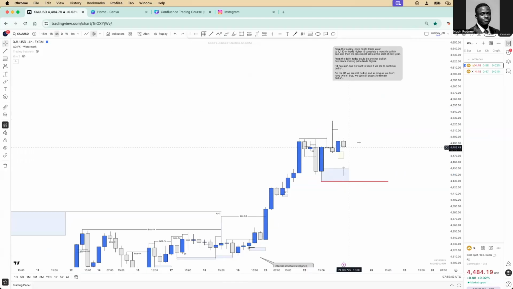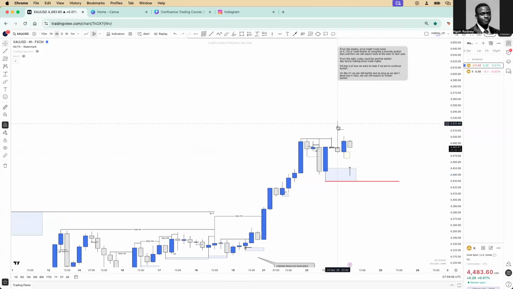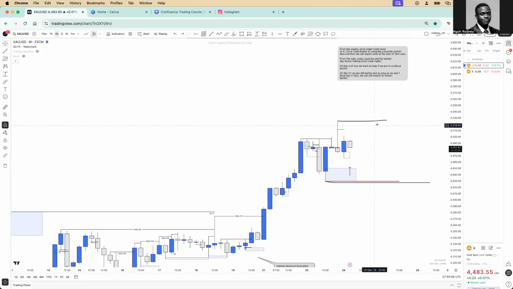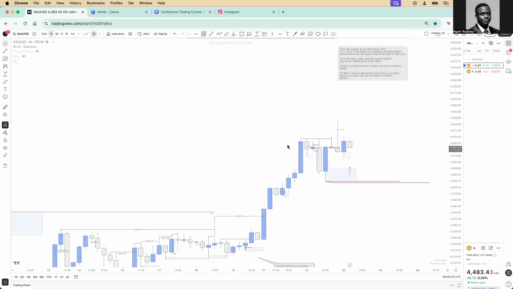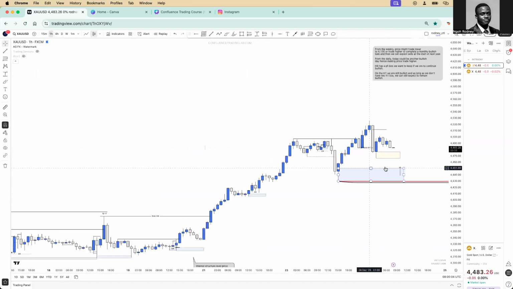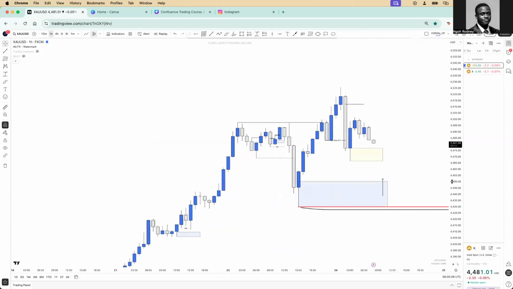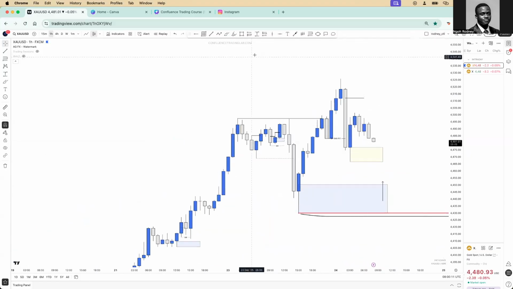And where are we trading? We're just trading within this zone. So this is the zone we are trading within. Price can do all the gymnastics inside here. We don't care. All I'm going to be waiting for now is what happens on this time frame, the hourly time frame.